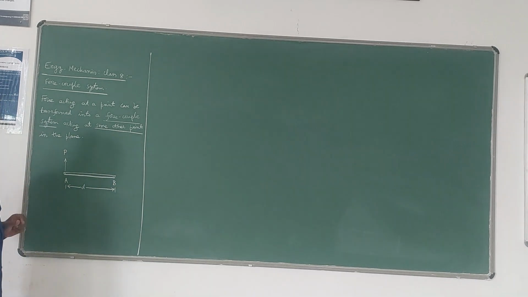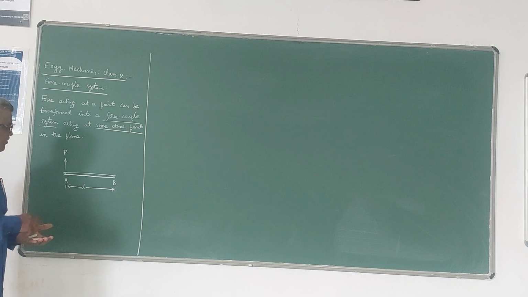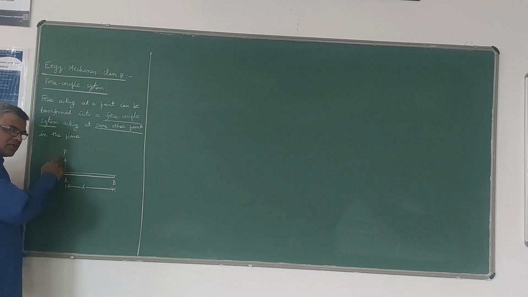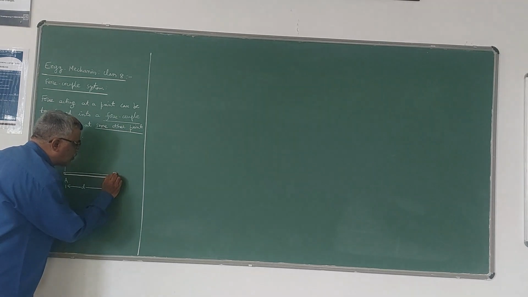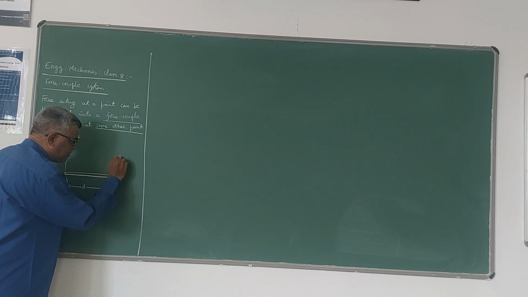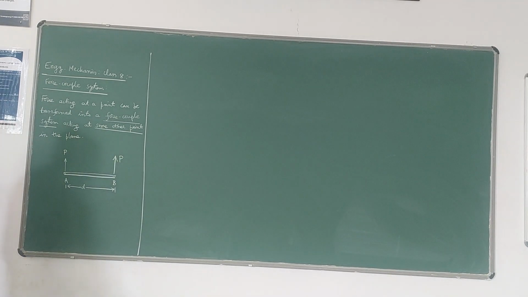Now in this case, first step what we have to do is, whatever direction of force is there at A, you introduce the same force at B in the same direction. This is the first step. Then what happens?